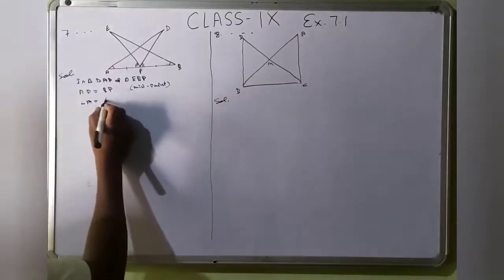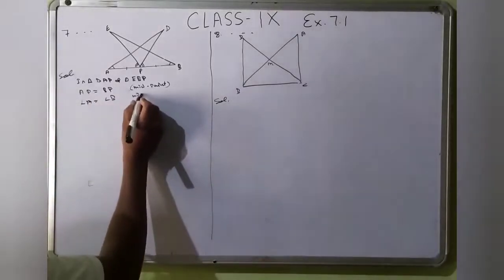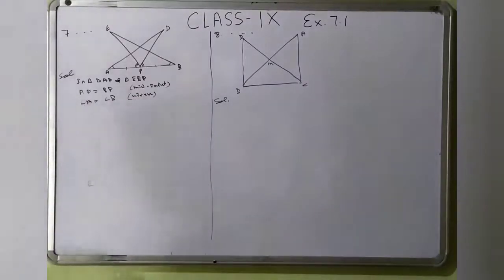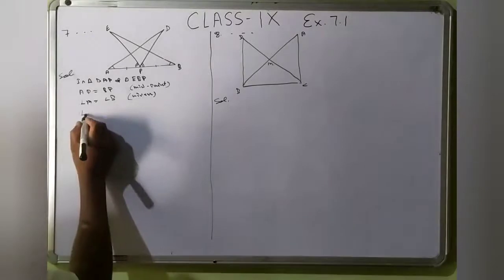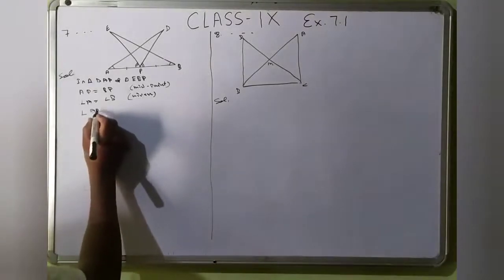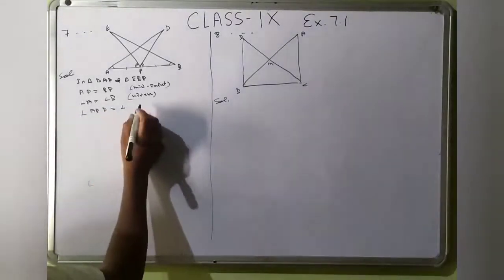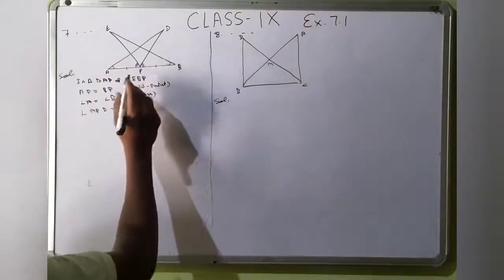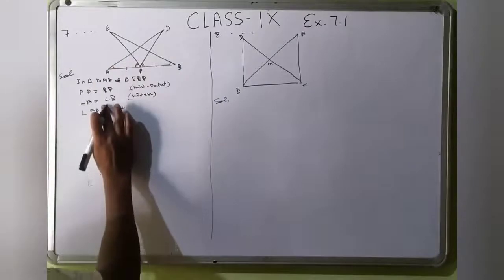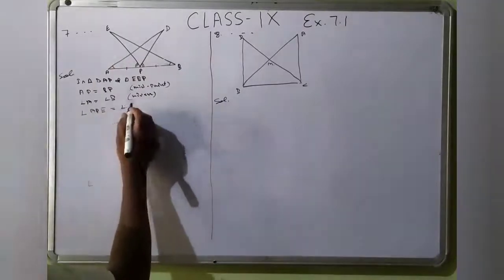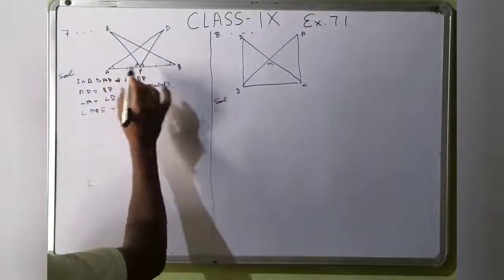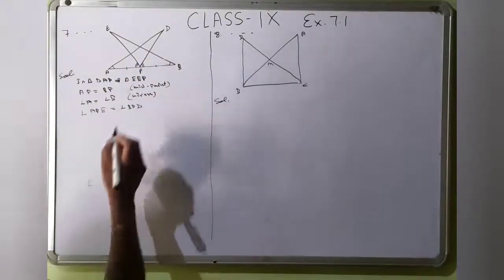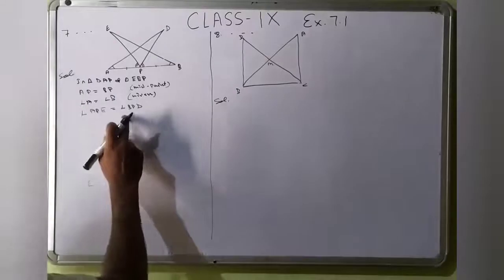Angle A is equal to angle B. That's given. Angle APD is equal to angle BPE, angle APE is equal to angle BPD. Right? But this is not sufficient.